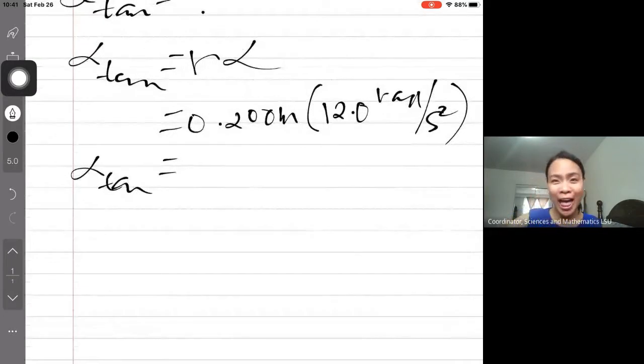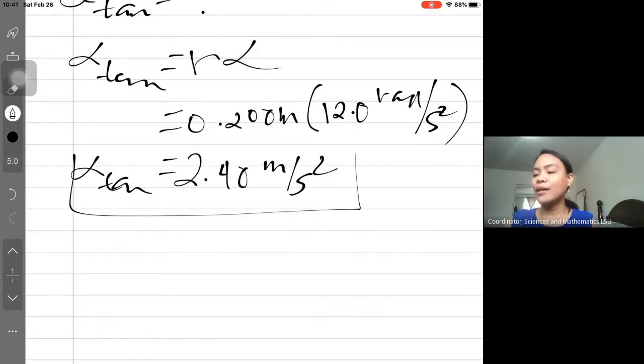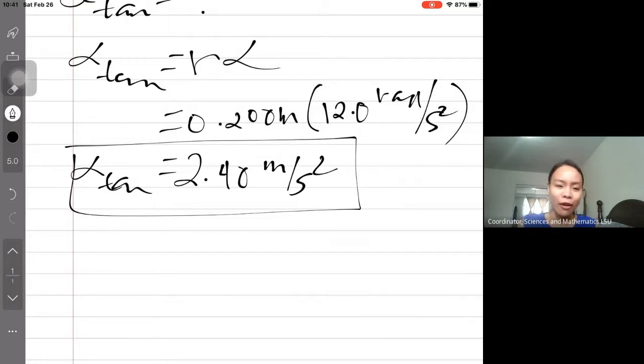Please be proactive in this course. Our tangential acceleration is 2.40 meters per second squared. Kindly take note of the number of significant figures. It must have three significant figures since our given values have three significant figures. All right, so moving on, I will now share my screen here again.